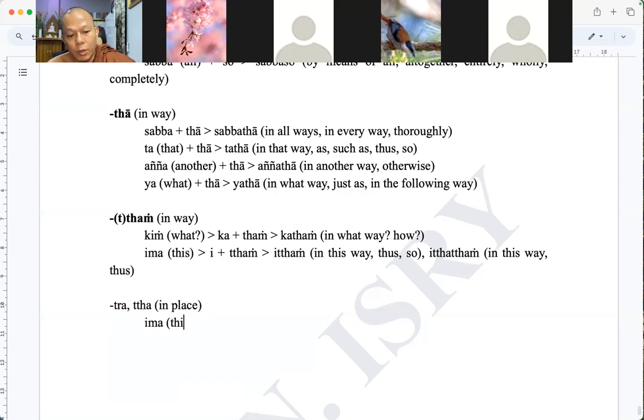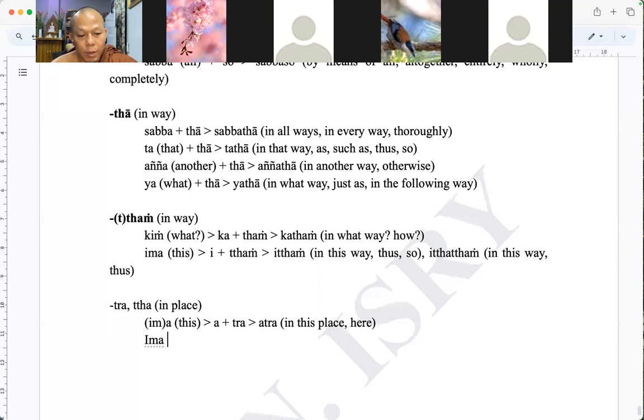So ima means this, we already know that. But ima is contracted as a, by reducing the e and ma, so just a. So after the dara, we have the adara. So adara means literally in this place. That means here.